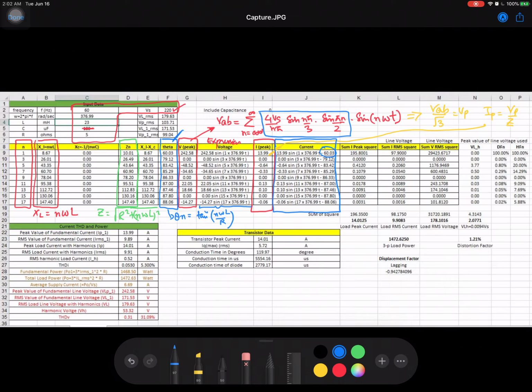Impedance has a certain angle theta that we have calculated over here as theta n, theta for a particular harmonic. So that will be used in this current expression.